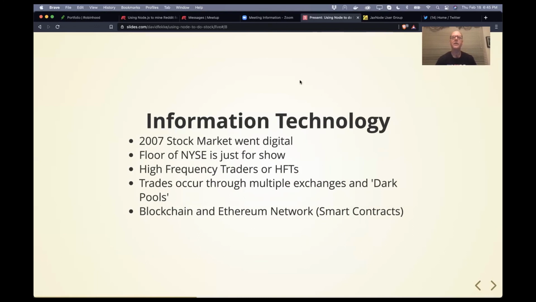And one of the things that's interesting is, if you look at the floor of the stock exchange now, it's kind of dead, right? I had an interesting opportunity a little over a year ago before the pandemic happened. I got invited for a meeting at the New York Stock Exchange, and I was taken on a tour of the floor. And the floor now is basically just for show. I'll show a picture of it here in a second.